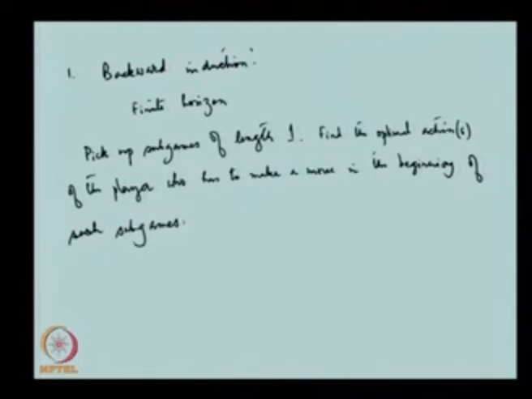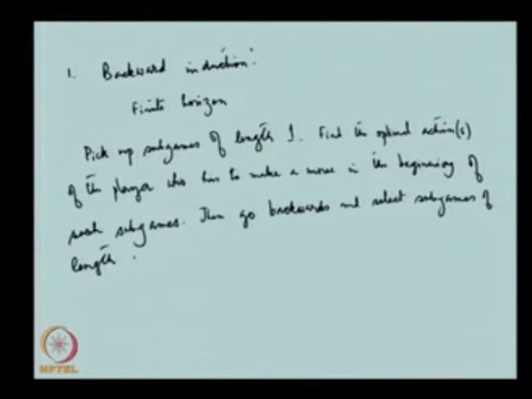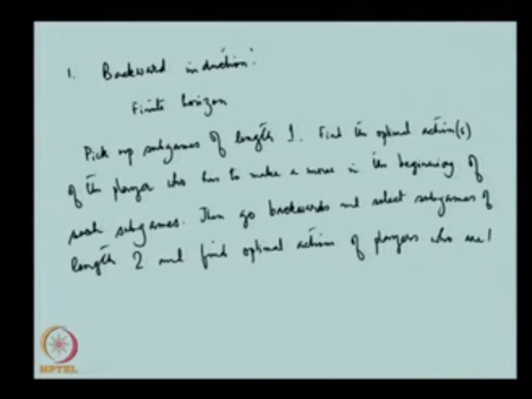So, we pick up all the subgames of length 1, then find out what is the optimal action or actions of the players who are to make a move in the beginning of such subgames, then go backwards and select subgames of length 2 and find optimal actions of players who are to make a move in the beginning of such subgames.